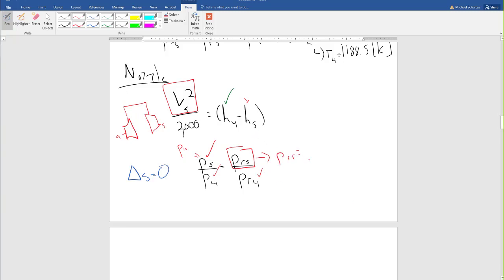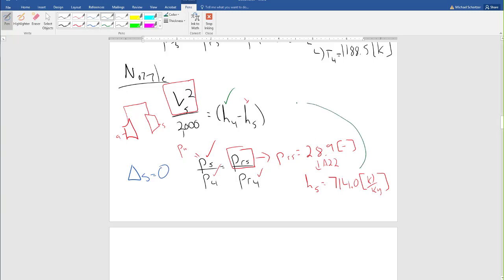So we know this. We found PR4, so we use this expression to find PR5. PR5 is equal to 28.9. Then I go to table A22 and I interpolate to find H5. I see that H5 is 714.0 kilojoules per kilogram.